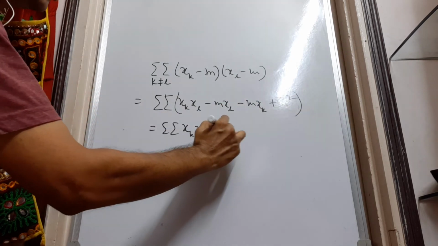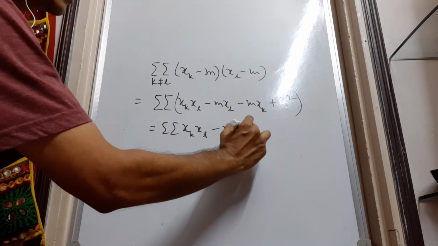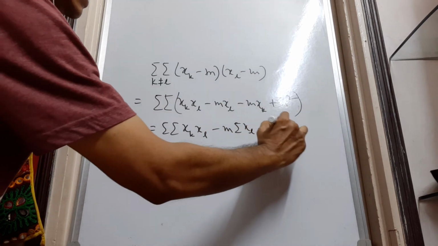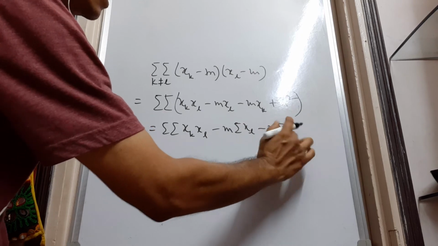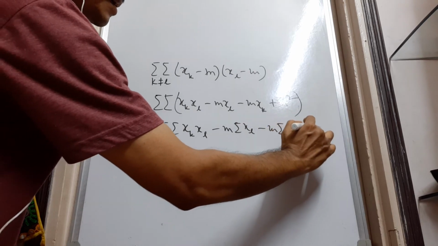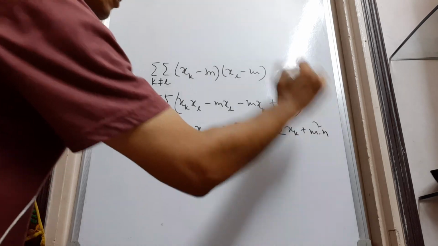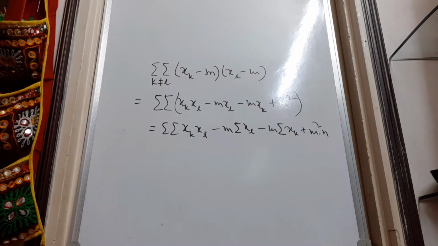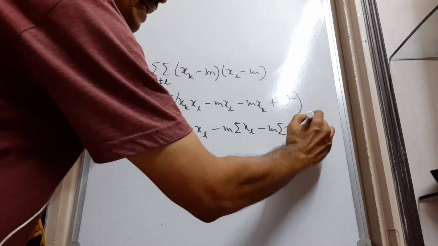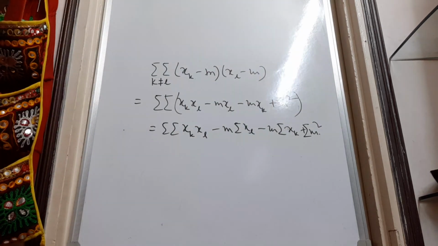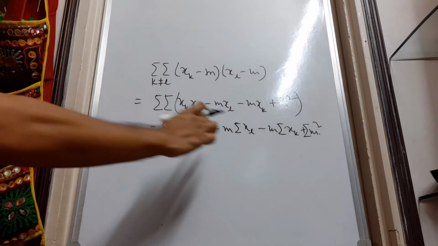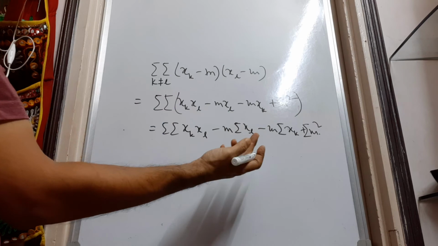In this term only one summation takes part, and we can easily apprehend that. Let us write it like this: summation m square. Now what is this? Minus m square into n.